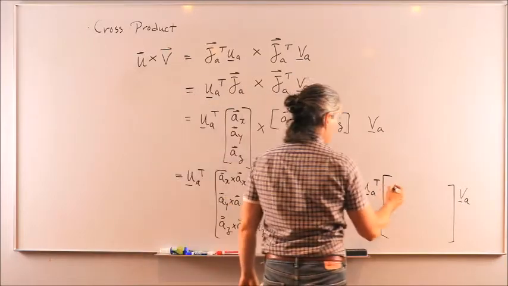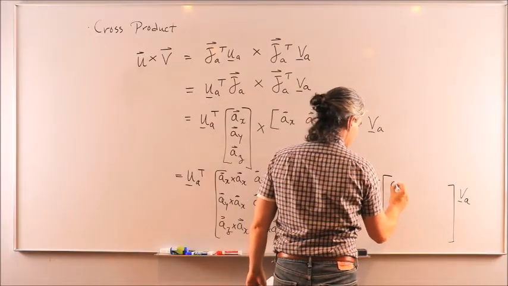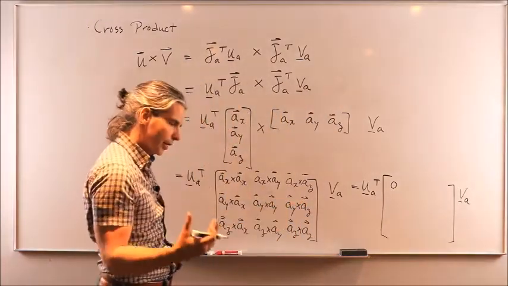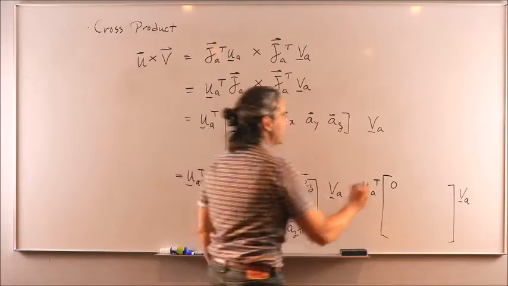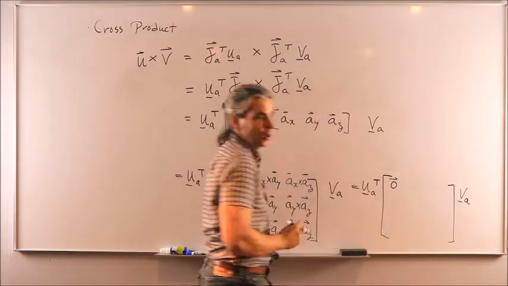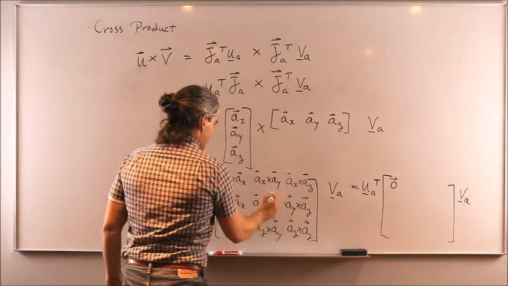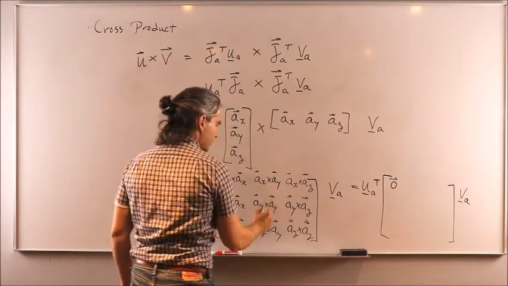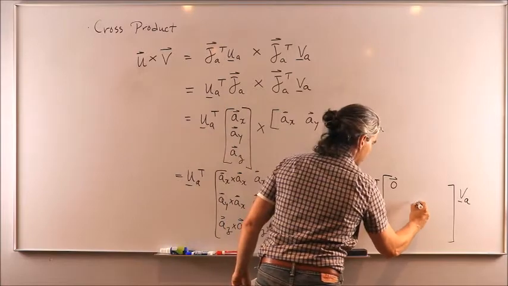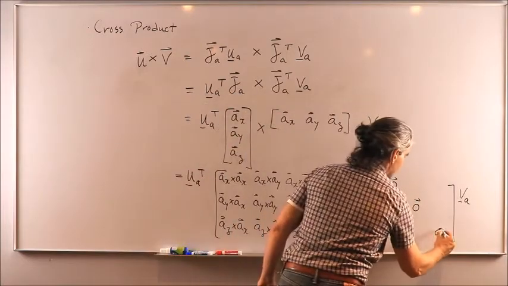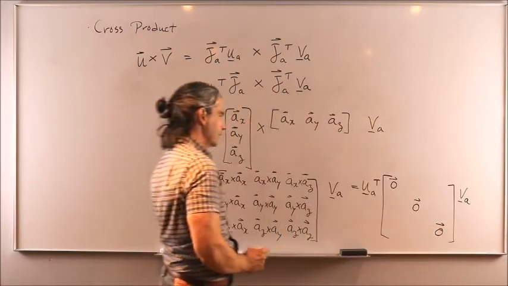Some of you will be tempted to just write 0 here, but it has to be a vector. Again, cross product gives you a vector. So this is your null vector. And similarly for AY cross product with itself, you're going to get the null vector, and AZ with itself, the null vector again.